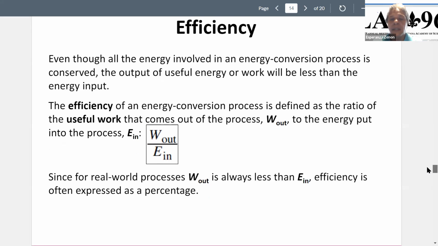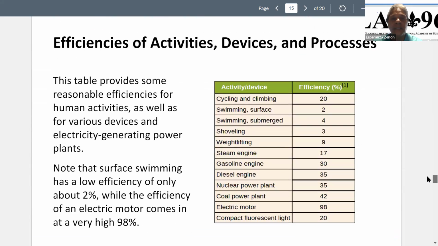We can see the efficiency of some processes. Okay, so you can see some different types of activities or devices in terms of their efficiency. Okay, you can see the electric motor is 98% efficient, pretty good, compared to a diesel engine or a gasoline engine or a steam engine.